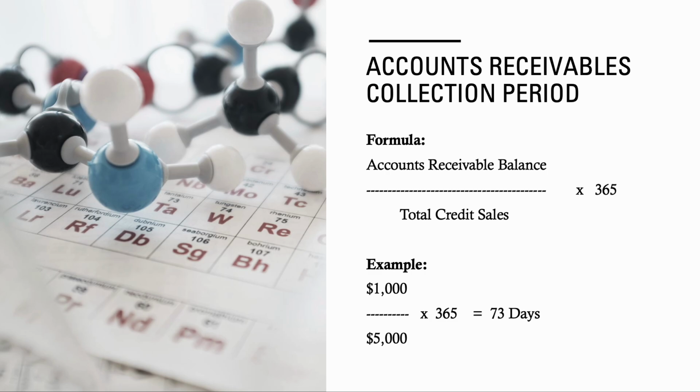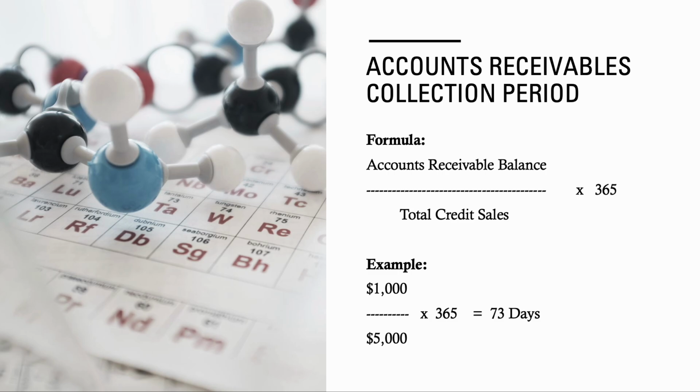The second calculation is again a straightforward calculation where we are computing the credit period. Let's say we are providing a credit of $1,000 to the customers. We compare it against the total annual credit sales, which is in our example $5,000.